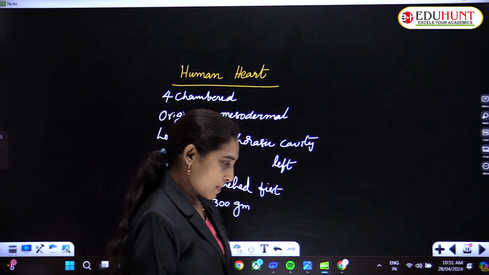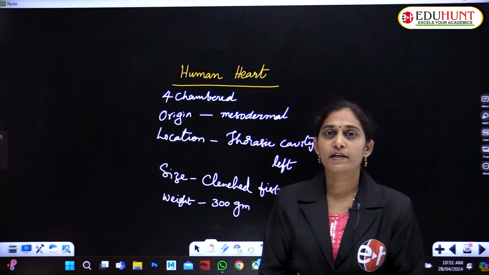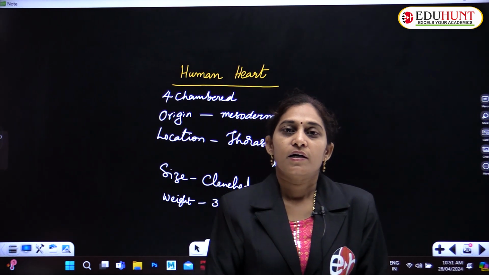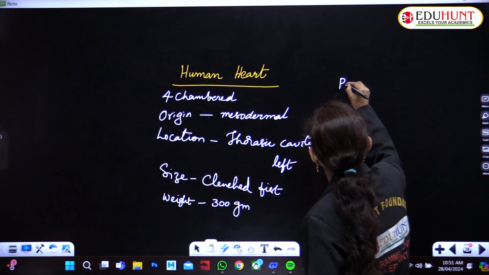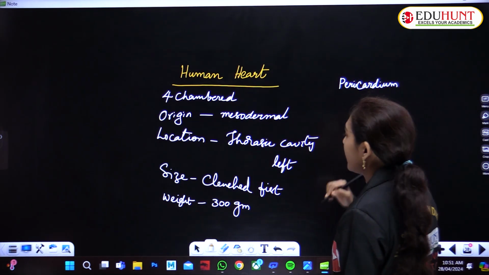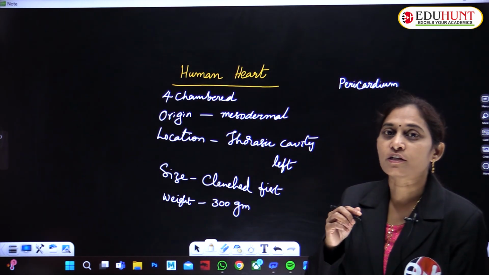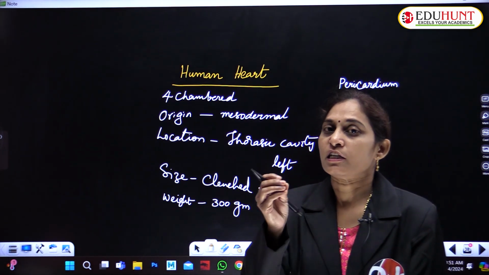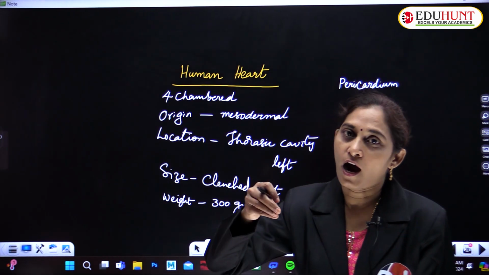And the heart is covered by a double membrane wall called the pericardium. Pericardium is a sac-like structure, a double membrane sac-like structure which covers the heart.